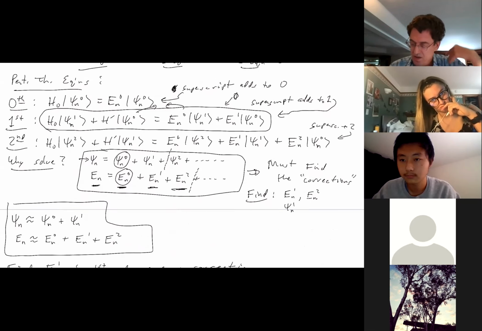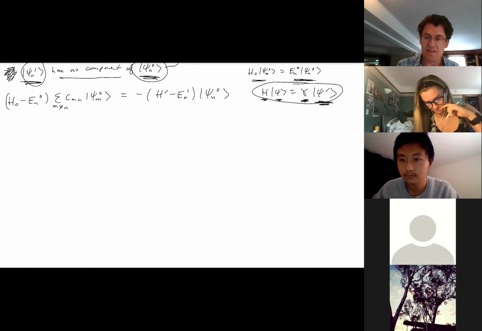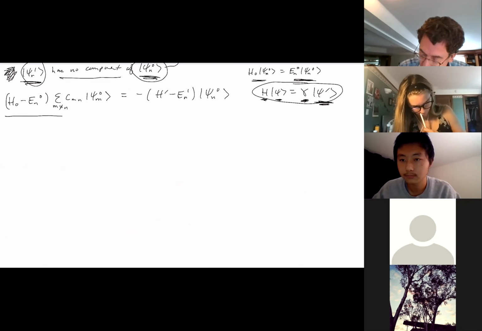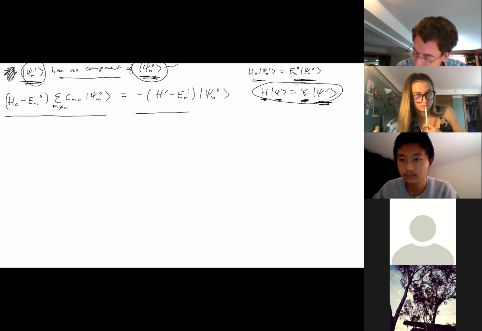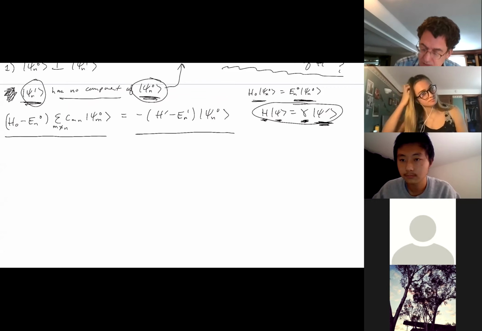Okay, I guess that's as far as I can take it now. You can talk to me or Newton further about that. Okay, so we have to solve this equation, and the critical thing is that, because of this rotation property, psi n1 cannot have a component of psi n naught.